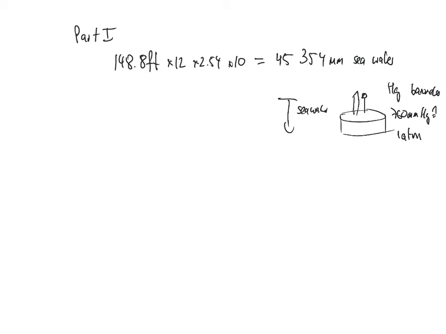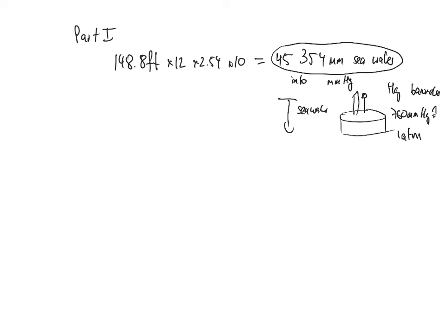Why? Because the density of mercury is much different than the density of water. So when it experiences the same pressure and fights against gravity to get to this equilibrium of 1 atm, you don't have to go 760 millimeters of seawater, you have to go a different distance. So basically what I'm trying to do is convert this into millimeters Hg. And how do I convert this?